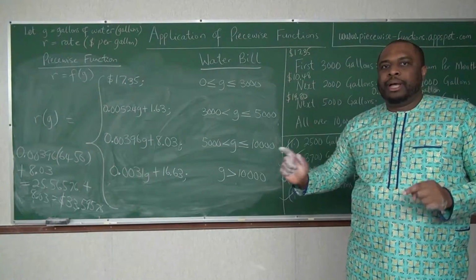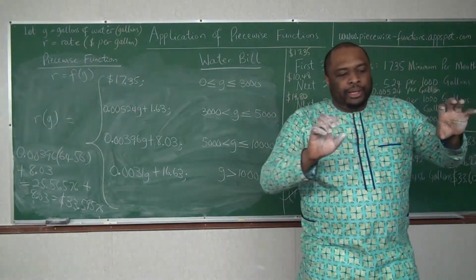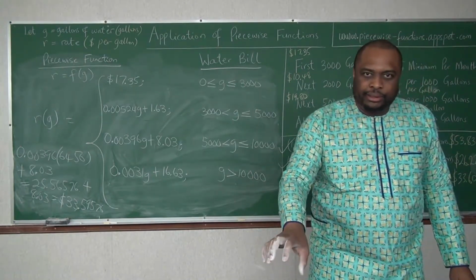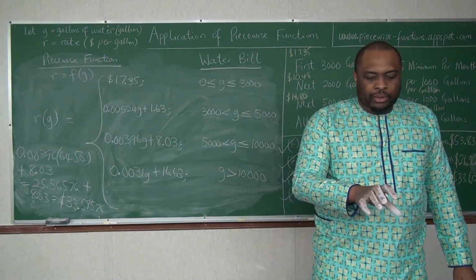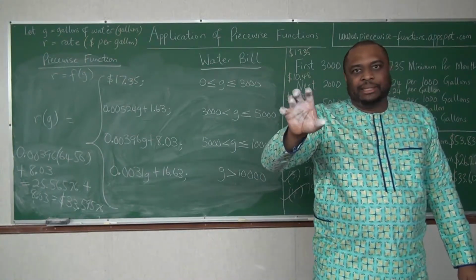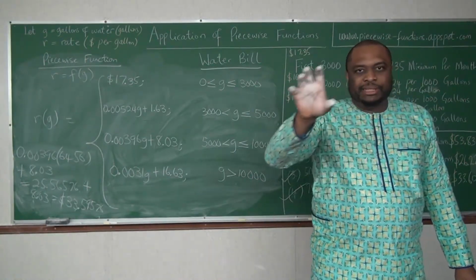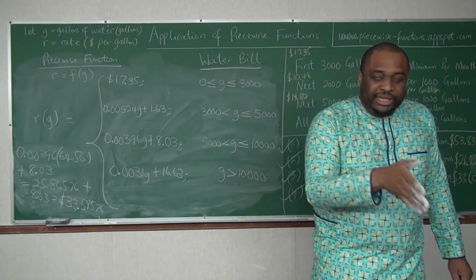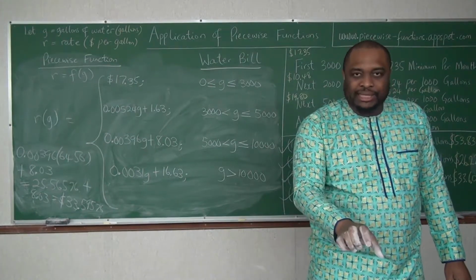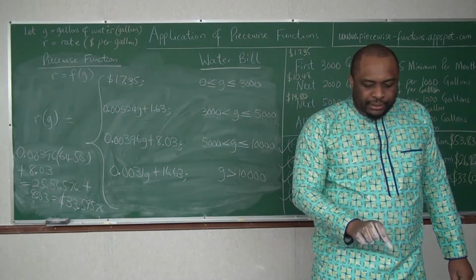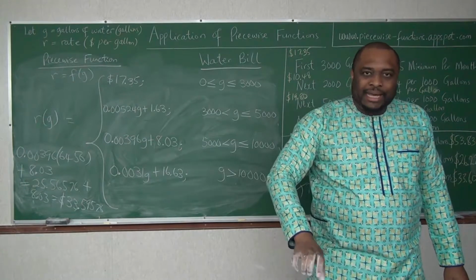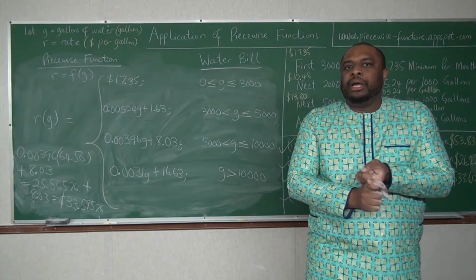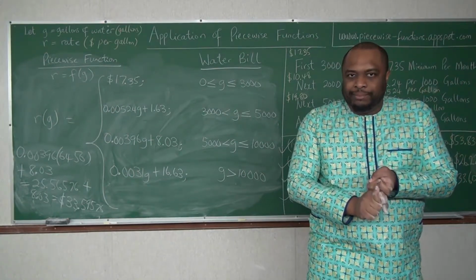Now the next task is for students to code it, to develop a computer program to calculate the water bill. The way it should work is this. The user will enter the dates, from this date to this date, which should be a month. Then you enter the initial reading, and the final or current reading. Then it should calculate the amount of gallons of water used, and calculate the water bill.